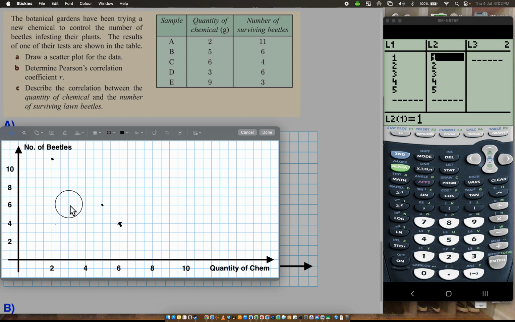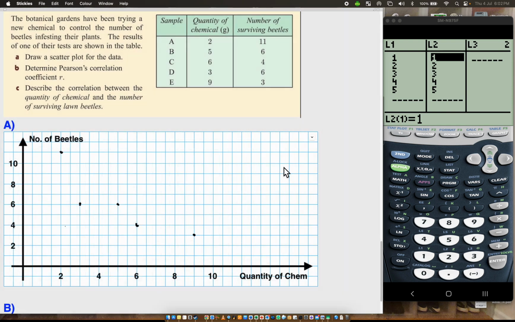So that's a little lower than all the other dots. Draw an arrow there. Redraw that. What was that one? 6 to 4. And 9 grams to 3. So here you can see it's not a perfect correlation. Yep, I've drawn that. Scatter plot.